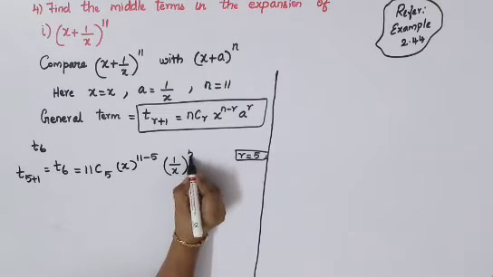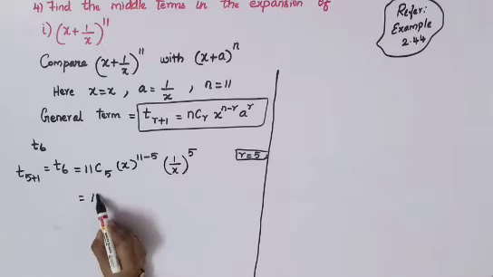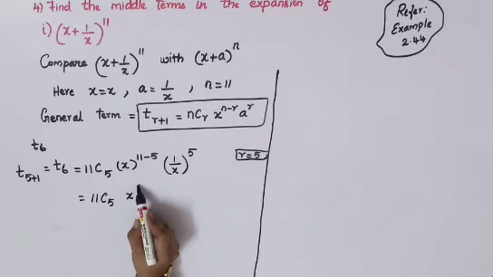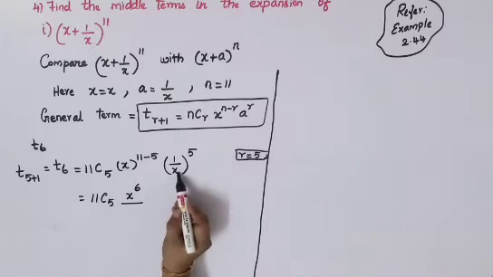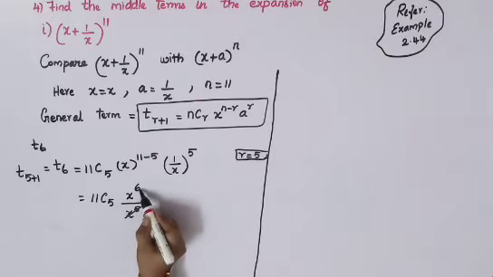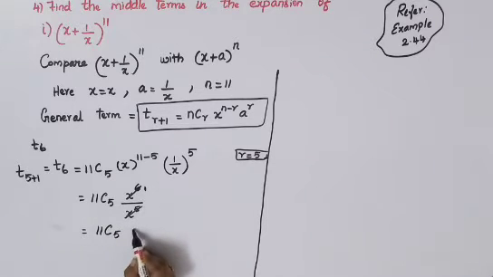You can leave 11C5 as it is. 11C5 x^6 divided by x^5, which you can bring to the denominator. Cancelling x^6 and x^5, you will have x^1. So your final answer is 11C5 times x. Your book answer is like that only, so you can leave it. Otherwise, you have to solve it and find it.